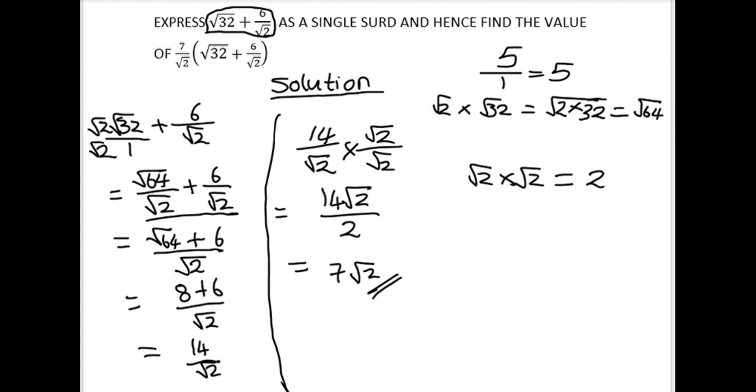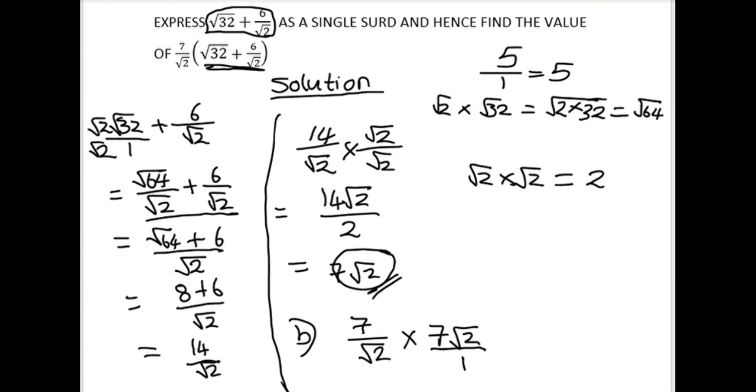The next thing, I'm going to replace this whole expression with 7 root 2. So part B of this solution will be 7 all over root 2 times 7 root 2. Since we have over 1 beneath here, this and this will cancel out.